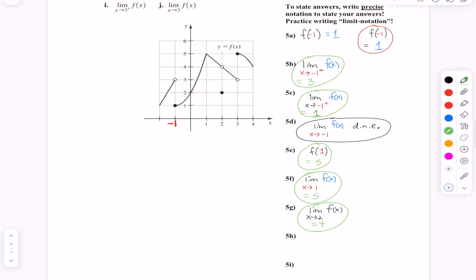Next example, once again, is another expression. Let's look at the expression. The limit as x approaches 3 from the left. Where do the corresponding f of x values go? As x approaches 3 from the left, they're also going to 3.